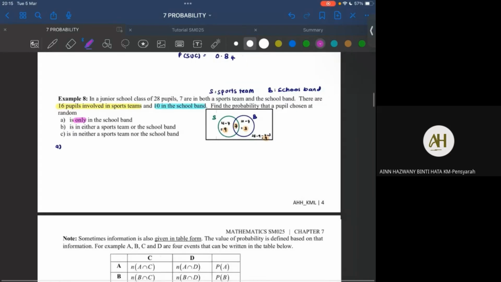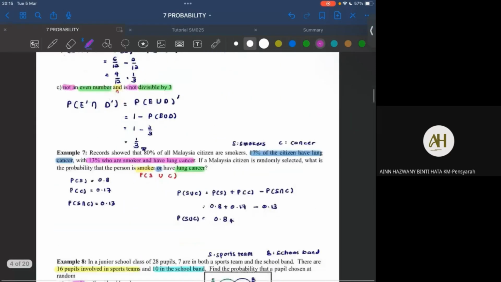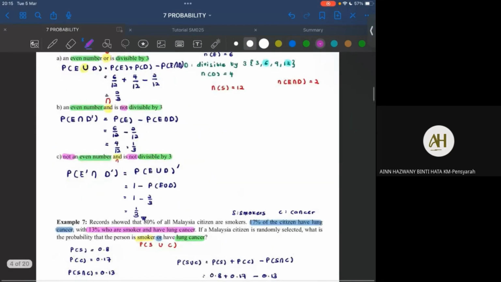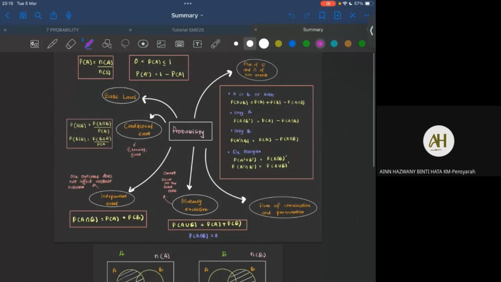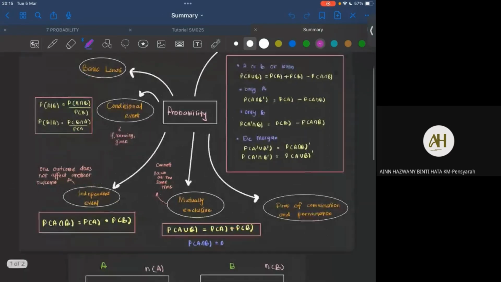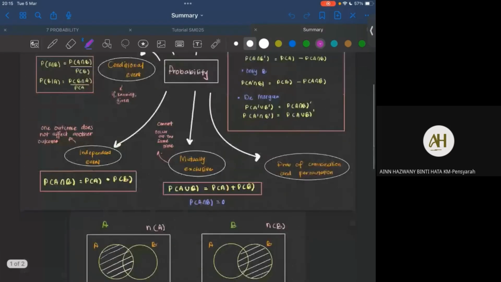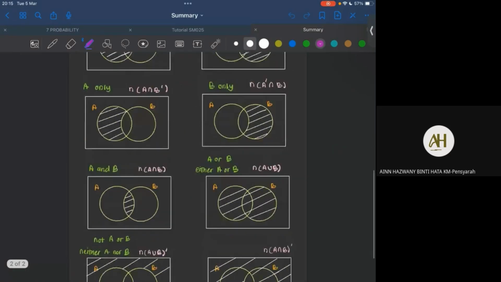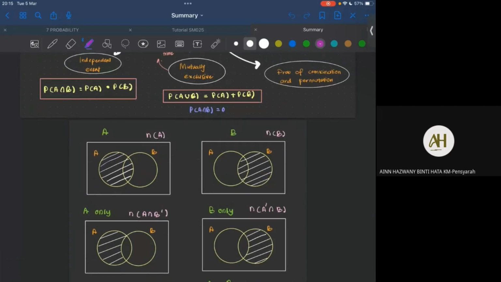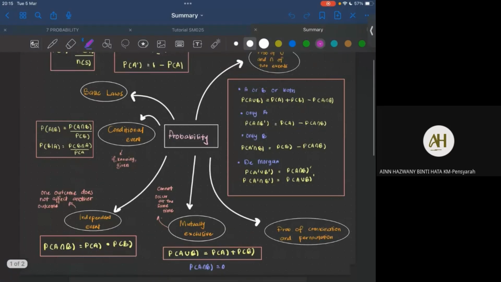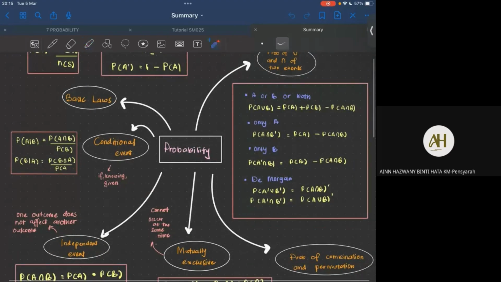Tadi saya ada sebut. Kita tengok kita punya diagram kita. Okay. So ini. Tadi saya cakap, ini bukan PA.